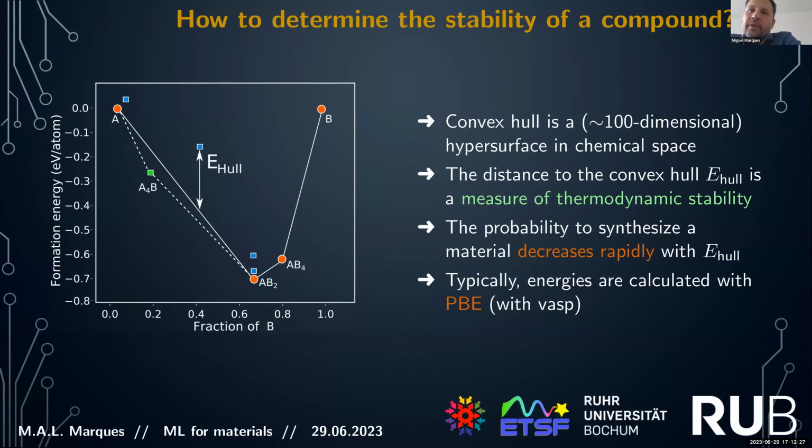They have an error that we also have to take into account. But keep in mind that if we are more than a couple of 100 milli-electron volts per atom above the hull, it's almost impossible to synthesize the compound. If it's on the hull or closer, this probability is much, much larger. So we will concentrate on materials close to the hull, obviously, so that they are relevant.